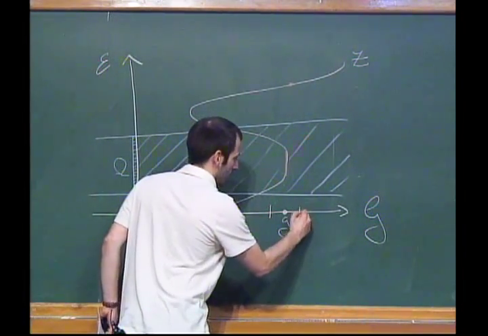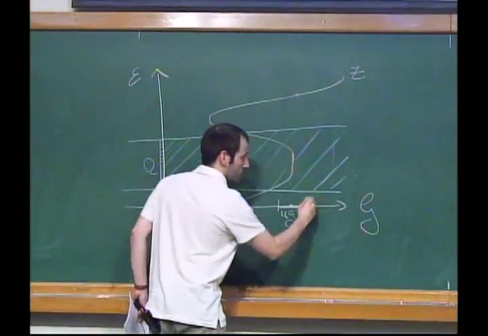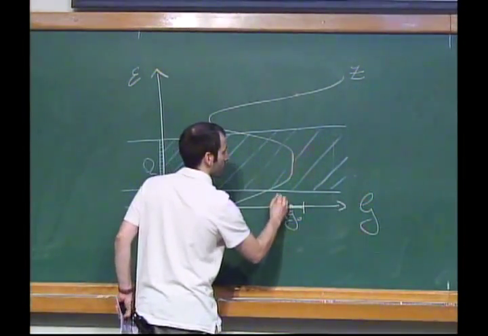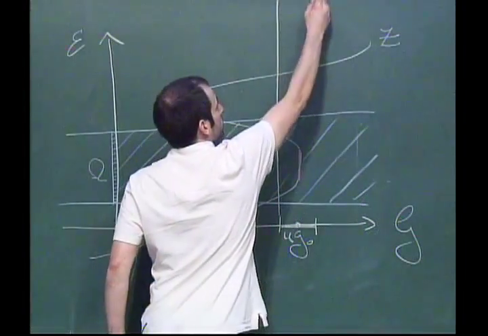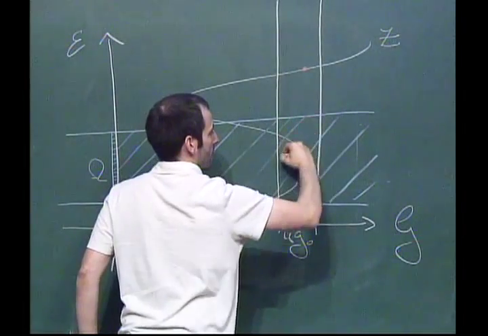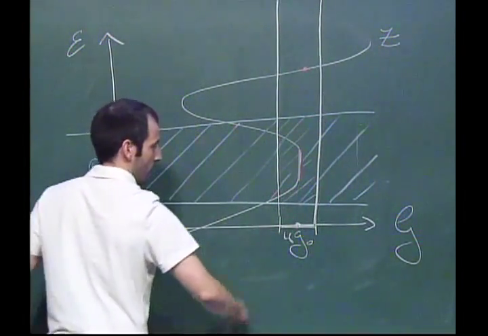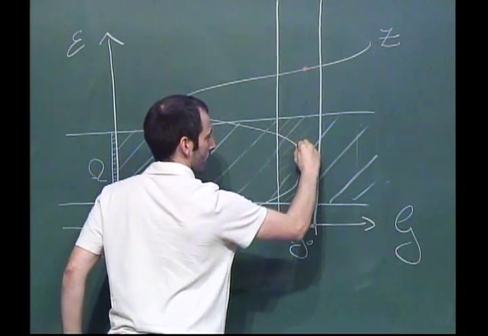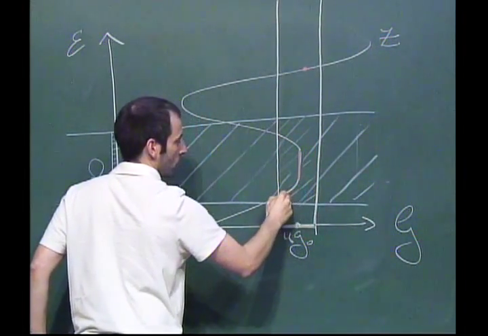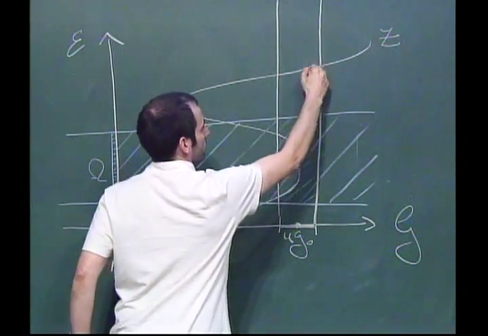That is to say, we can take a neighborhood U of G0 in the space of all metrics, and we look above U, and we see that the part of Z which is living above U does not intersect the boundary of omega. Okay?